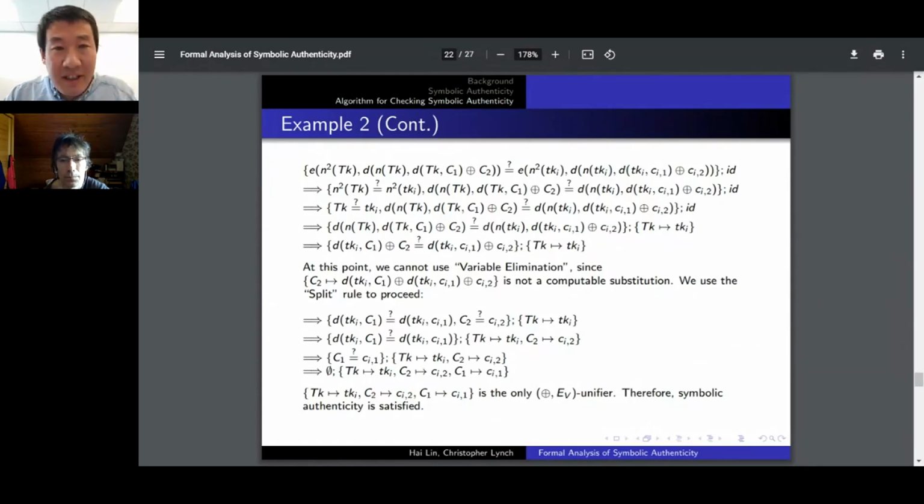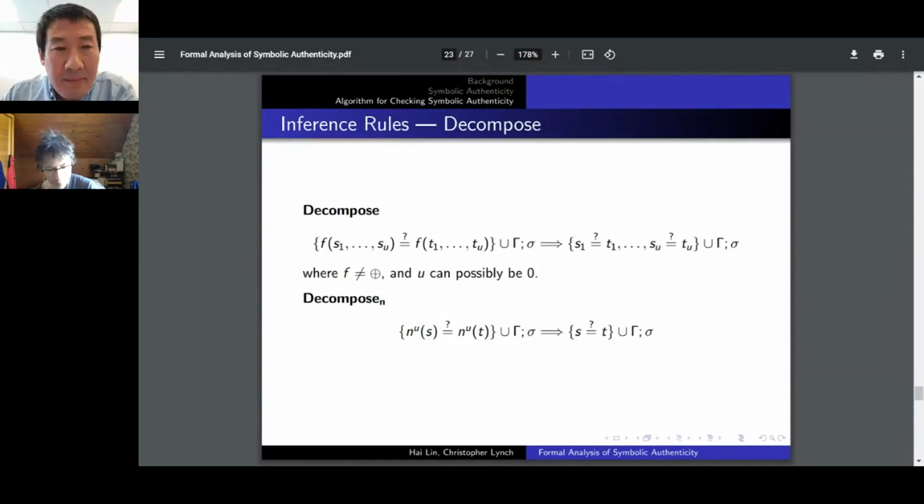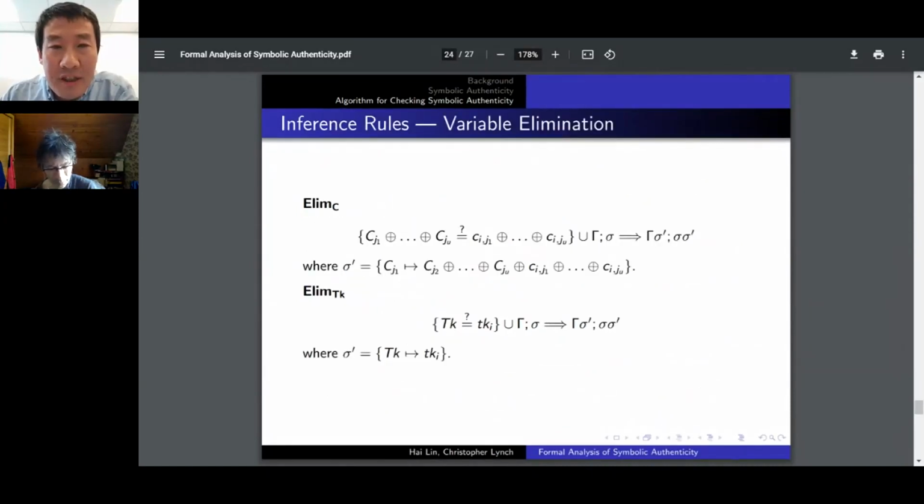So those are the inference rules. We have the standard decompose rule, and decompose n is an optimization rule. We have a restricted form of variable elimination rule. The point is that those two restricted forms of the variable elimination rule give us computable substitution.